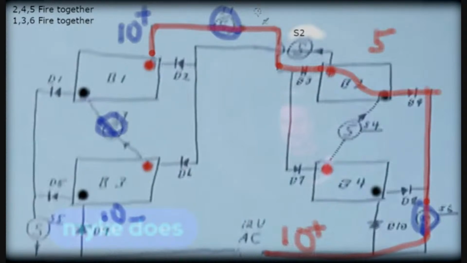At the same time, the same 10-volt positive goes down here through the other diode and the other battery, which is also a 5-volt battery because the switch is open. They're not in series yet. So that's what I see happening there with these three switches closed.